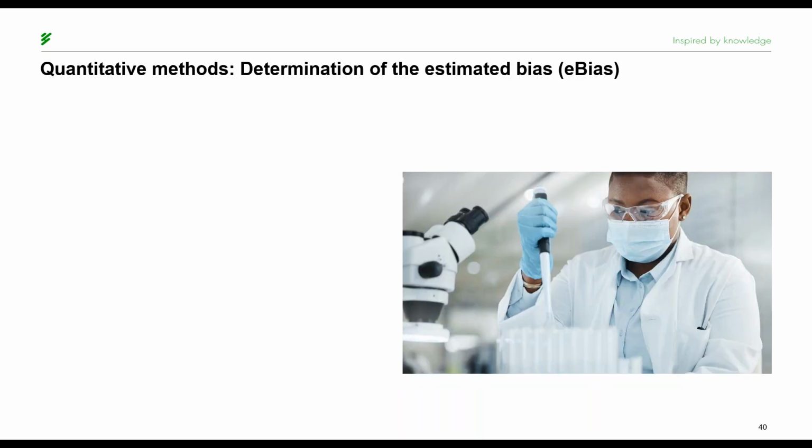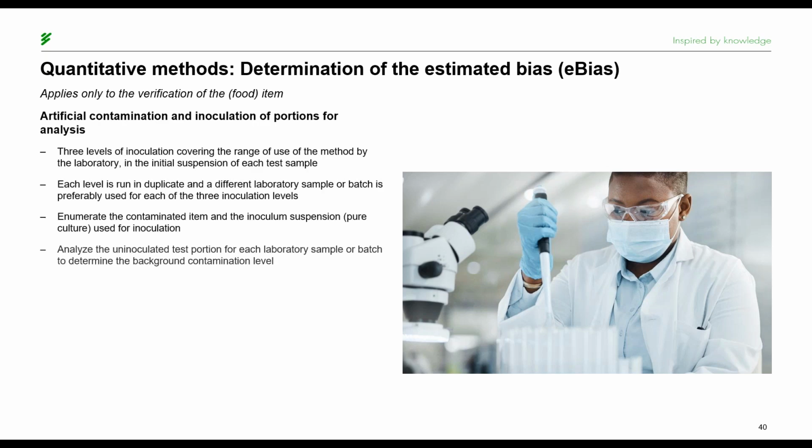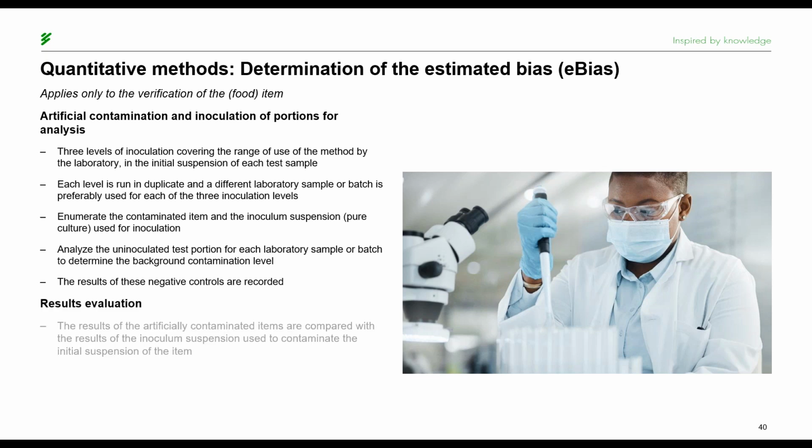We are going to continue with the last characteristic to determine for a quantitative method, which is the standard deviation, and it only applies to the item verification. To do this, we inoculate the article with a known level of contamination and compare it with the result of the inoculum suspension used to contaminate the initial suspension. We also have 3 levels of inoculation.